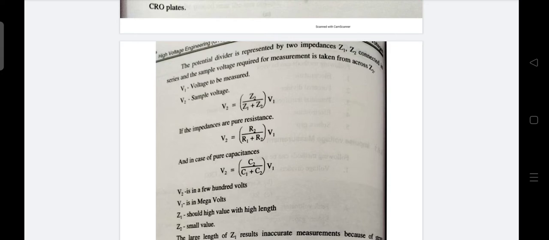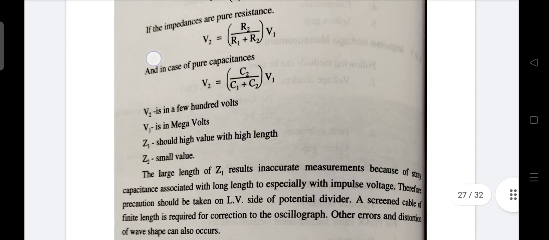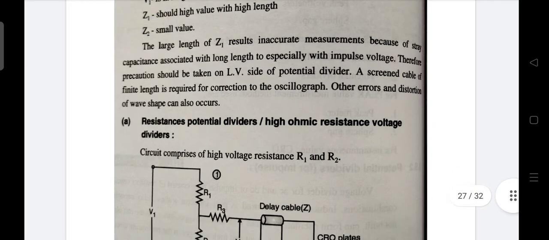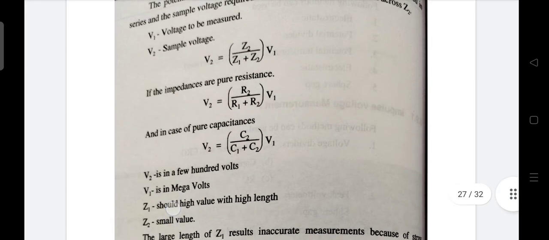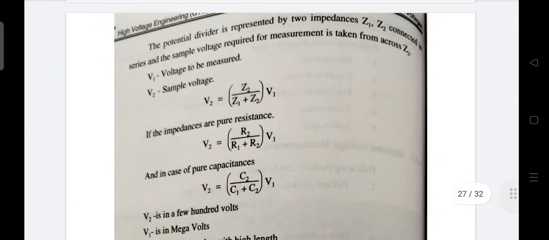So the potential divider is represented by two impedances Z1 and Z2 connected in series, and the sample voltage required for the measurement is taken from across the Z2 impedance. So V1 is the voltage to be measured and V2 is the sample voltage.